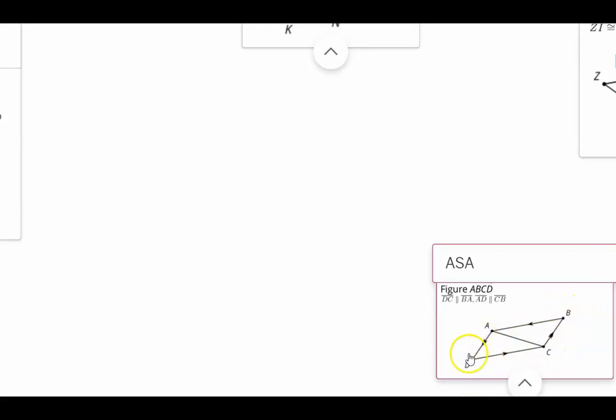So since we have two sets of parallel lines and a transversal that goes between them, we can determine that these angles, the alternate interior angles, are congruent. And we can do that with both sets of parallel lines. And then our middle line segment here, AC, of course, we can use the reflexive property, it is congruent to itself. And that will give us our angle, side, angle.